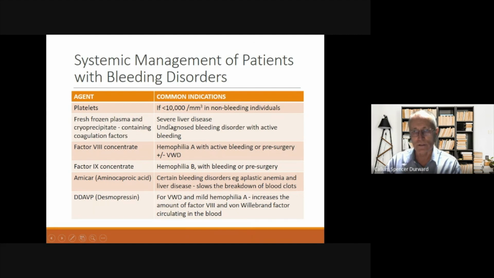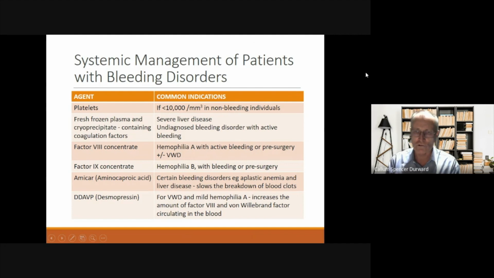So this might be used in cases of severe liver disease or an undiagnosed bleeding disorder with active bleeding. Factor VIII concentrate can be given to patients with hemophilia A, either with active bleeding or pre-surgery, and also for some patients with von Willebrand's disease.